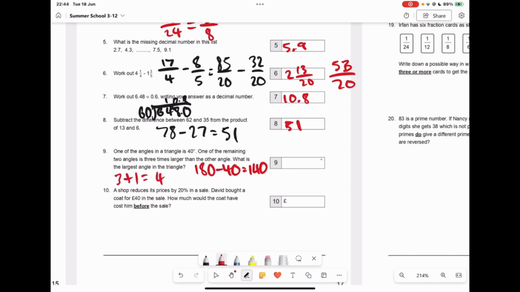And then 140 divided by 4 is 35. So 35 will be the smallest, but then the largest will be 35 times 3, which is equal to 105. So the answer to question 9 will be 105 degrees.